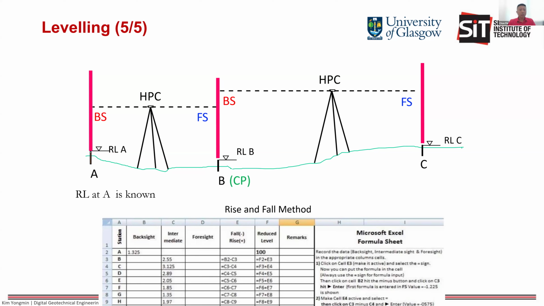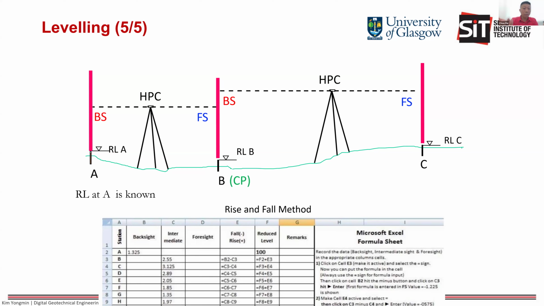Why? In this picture, you can see A is higher, B is lower, right? So your backsight reading from A is shorter than your reading at point B. When you use the smaller value minus the bigger value, of course, you will get a negative value. So this negative value shows that B is lower than A, meaning B is falling from A.